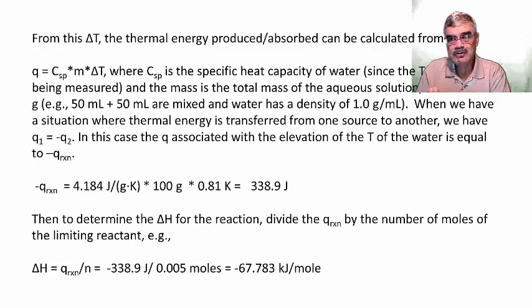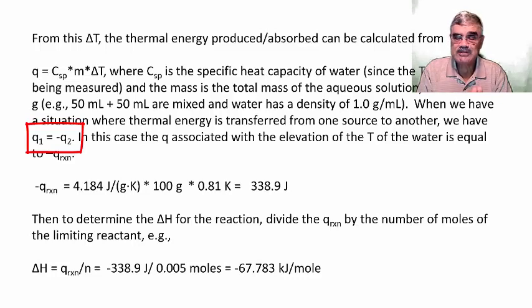Now, Q1 and Q2, we can define either one of these as the reaction and the solvent. Let's say that in this case, Q1 is the solvent, and that Q2 is the thermal energy released by the reaction. So Q1 plus Q2 is equal to 0, or in other words, Q1 equals minus Q2.